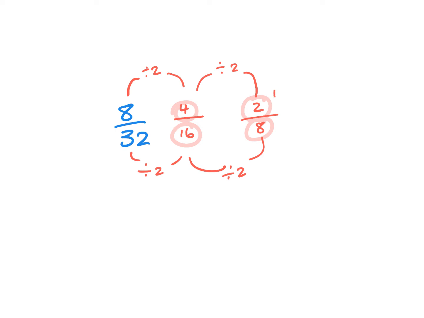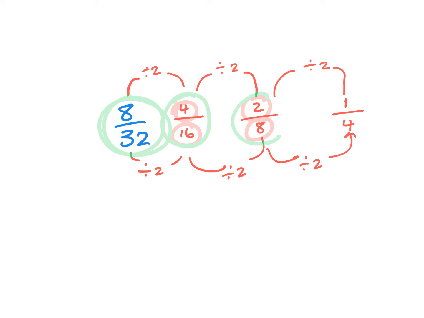So 2 divided by 2, that gives me 1. And what is 8 divided by 2? Well, that gives me 4. So what I now have is this particular fraction of 8/32 simplified down to end up at 1/4. And 1/4 is the simplest form of 8/32. Alright, so that is what we call simplest form.